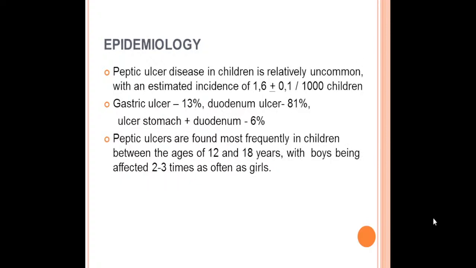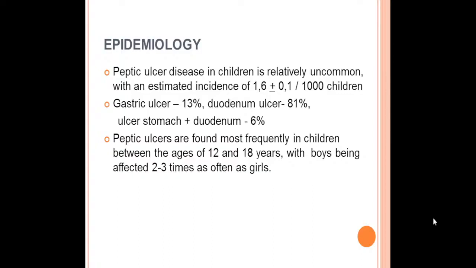Epidemiology of peptic ulcer next. Peptic ulcer disease in children is relatively uncommon, with an estimated incidence of 1.6 plus or minus 0.1 per 1,000 children.